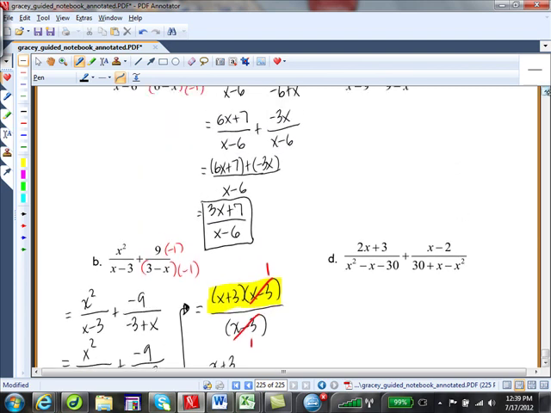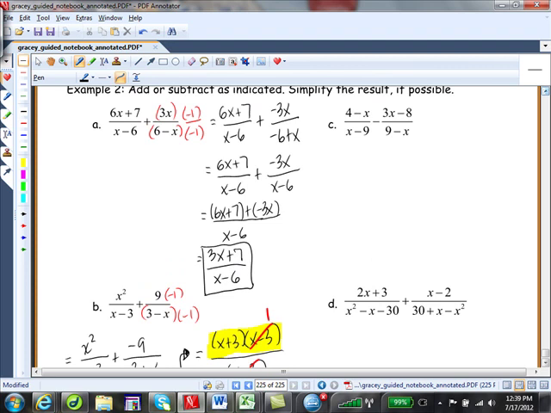Okay, so part C, up here. Again, let's do that second fraction, and I'll show you a little trick here. Now, this will give us (4 - x) over (x - 9).